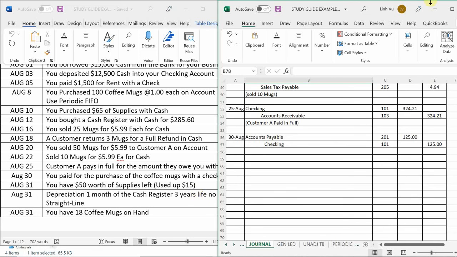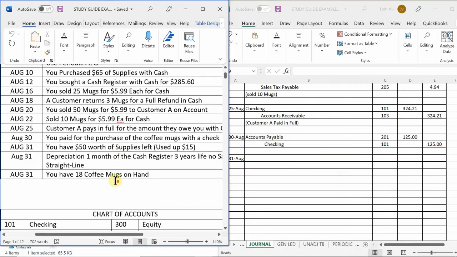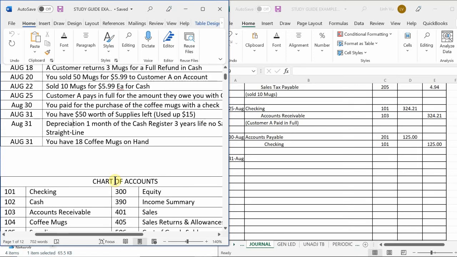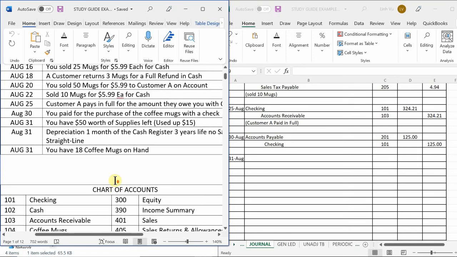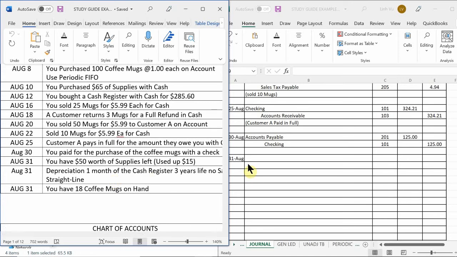So how do I journalize this adjustment? Supplies and supplies expense. Good, right?